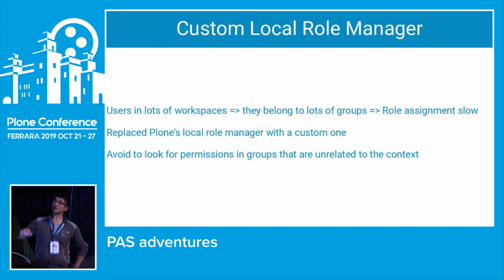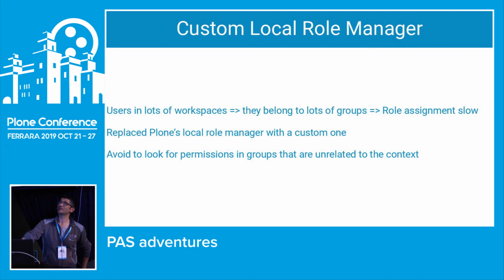And so they belong to a lot of groups. And the local role manager is checking if any of those thousands of groups were available for that role and then the permission. And so it was really, really slow to iterate over all those groups.